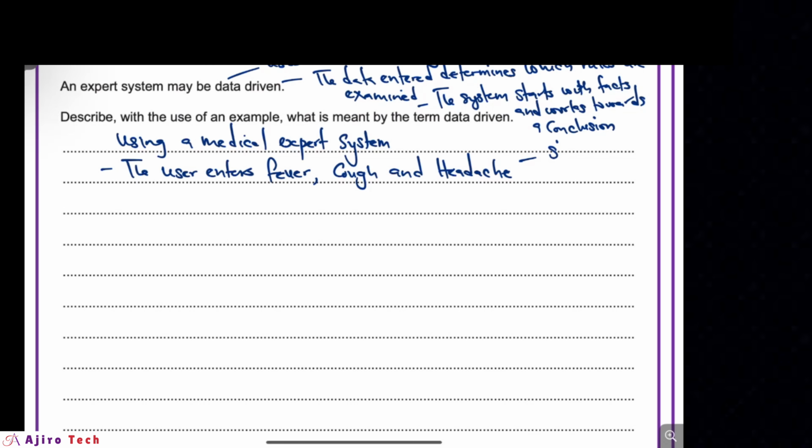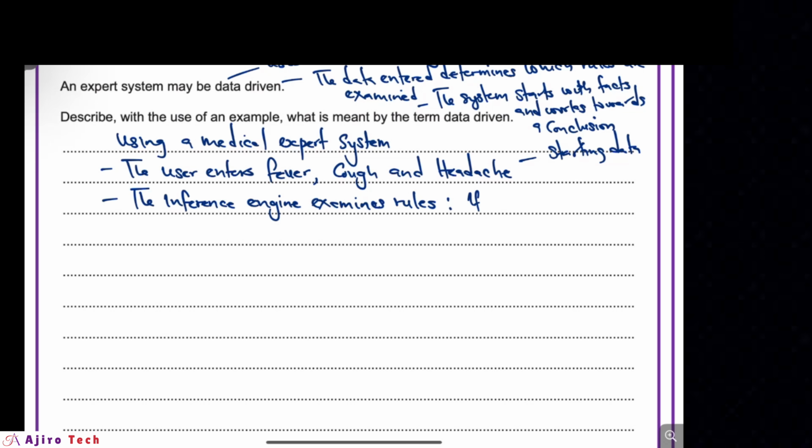The starting data. So take note. So the inference engine examines rules.